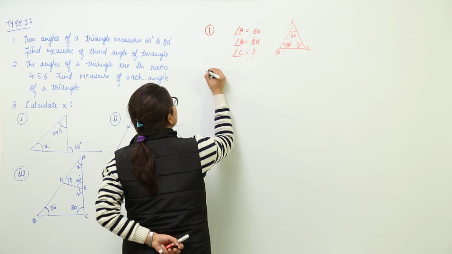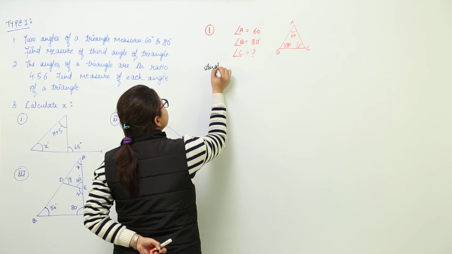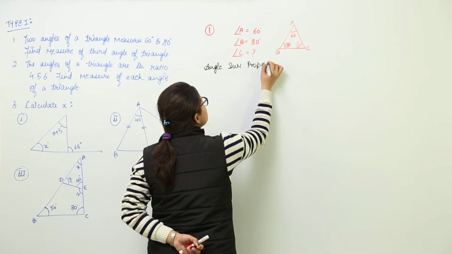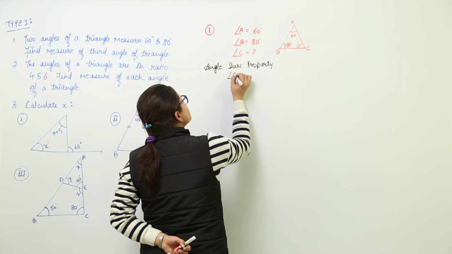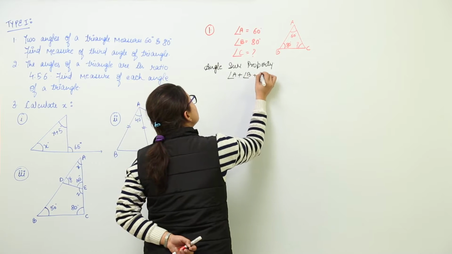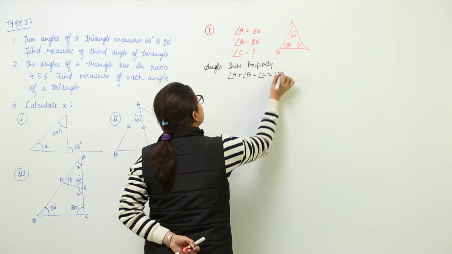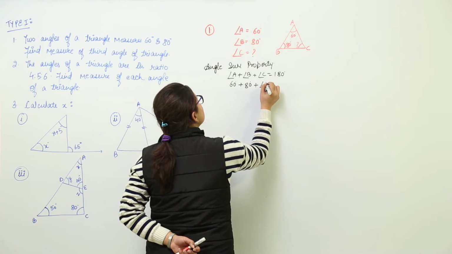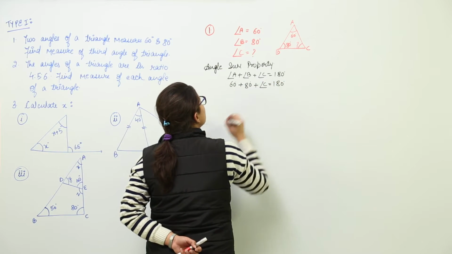For that we know the angle sum property. The angle sum property of triangle we have studied says that the three angles sum is always equal to 180 degrees. So what we are going to do here, we are going to place the values 60 degrees plus 80 degrees plus angle C is equal to 180.